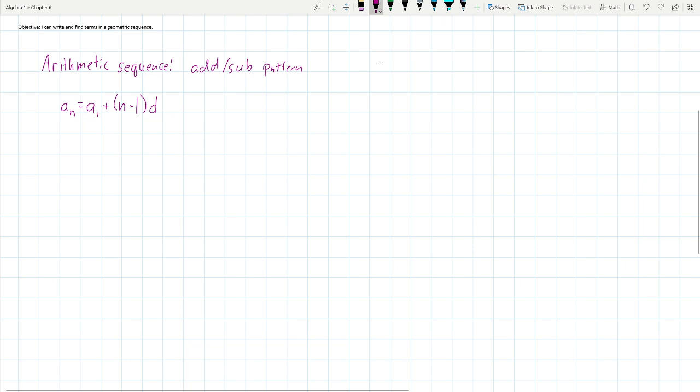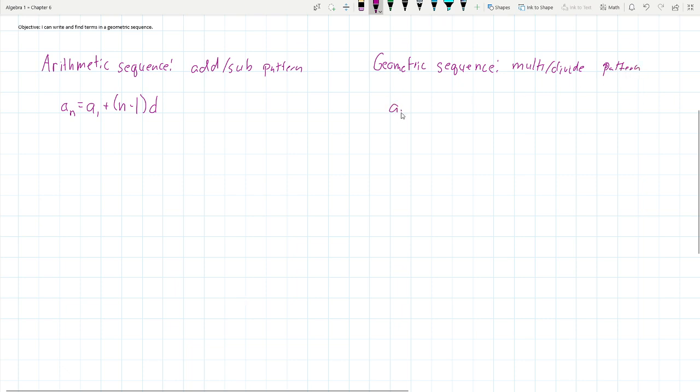This is different from a geometric sequence, because a geometric sequence, as you might be able to guess given what we're studying right now and how exponential equations work, is when it seems to multiply or divide. So it's a multiply or divide pattern.